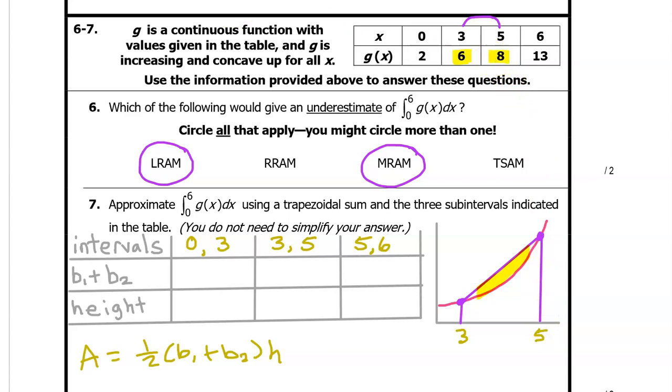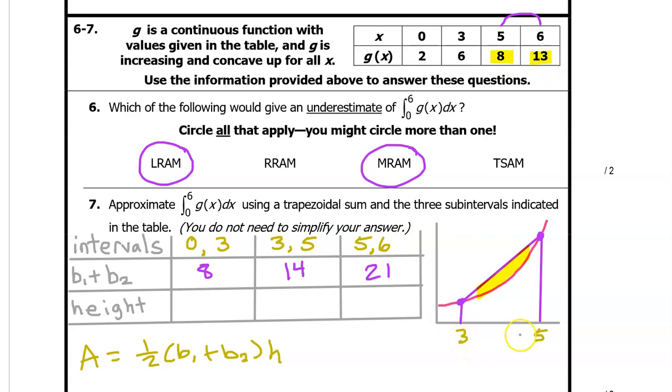So base 1 and base 2 are 6 and 8. Base 1 plus base 2 then is 14. Similarly, the trapezoid from 0 to 3 has base 1 and base 2 of 2 and 6. So that's going to be 8 for base 1 plus base 2. For the third trapezoid from 5 to 6, base 1 plus base 2 is 21.